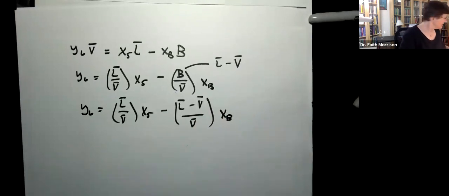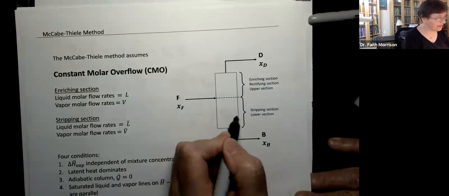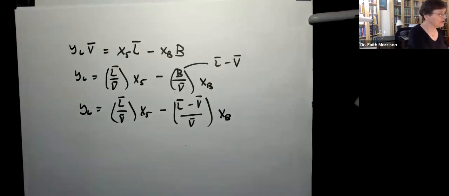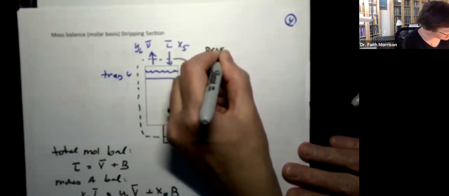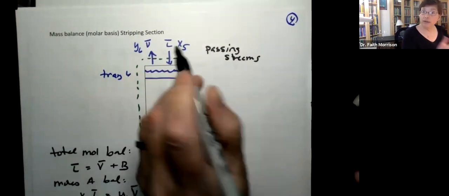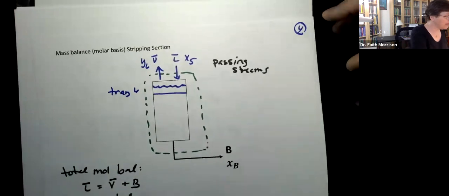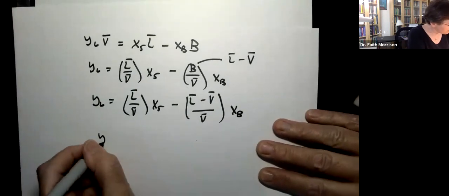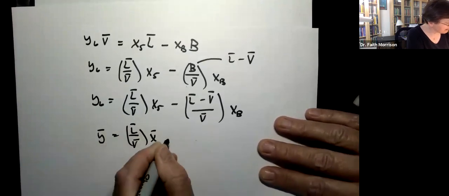As we did previously for the upper section, we'll recognize that this could have been done for any stage below the feed. And these are two passing streams. So we can just call them Y and X, passing streams below the feed. Just to remind us, I'll call this one Y bar and this one X bar.